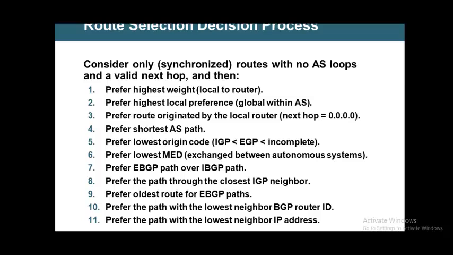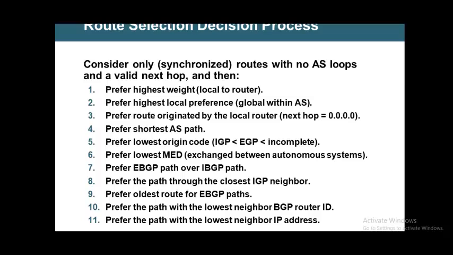Weight attribute is local to the router. Please remember, try to recall the attributes, weight. We learned that weight is local to the router. It is effective only on the router where you configure it. The default weight is 0, and this weight attribute is not advertised to any eBGP or iBGP neighbor.